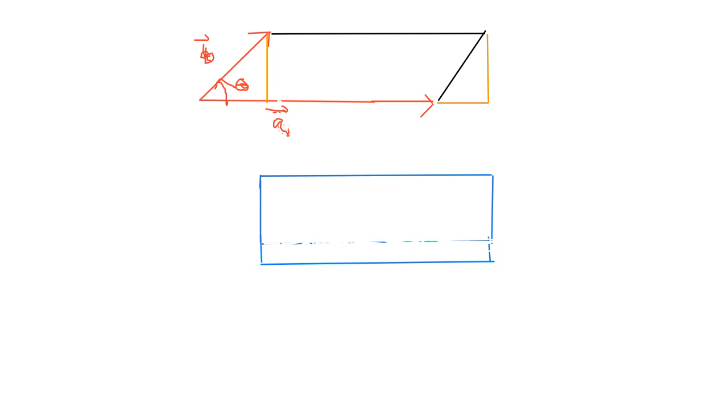So this height here is going to be the length of B times the sine of theta. And that's the same, by the way, as the height for the rectangle below. It equals the length of B times the sine of theta.